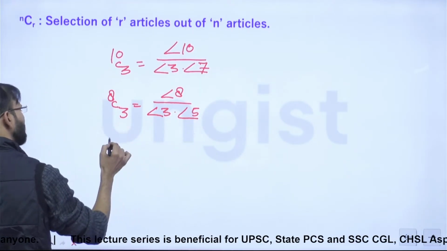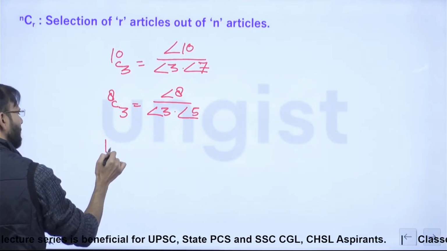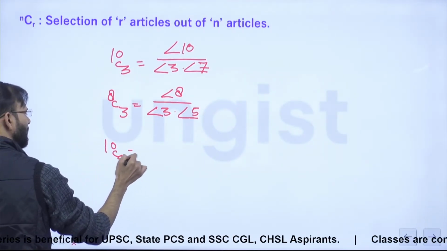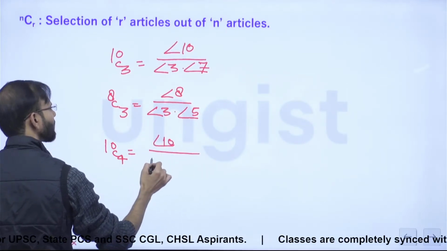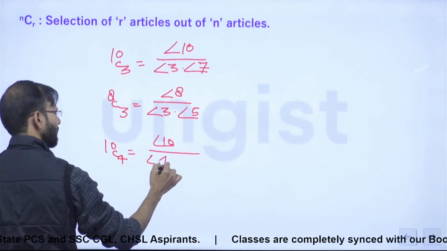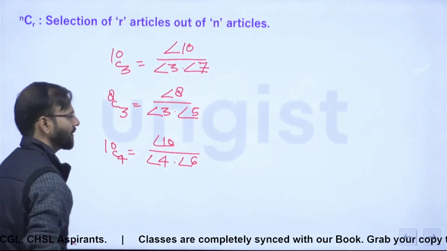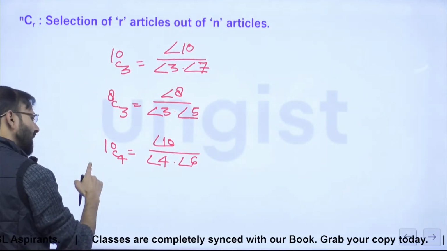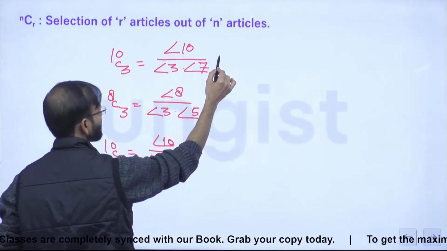Now do 10C4: 10 factorial, 4 factorial, 6 factorial. Okay. Guys, I won't solve any one of the given expressions fully, but I'll tell you how to solve them efficiently.